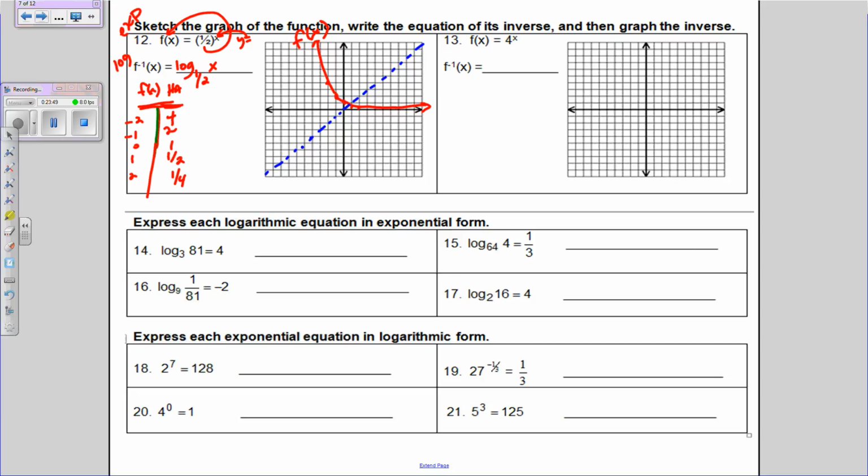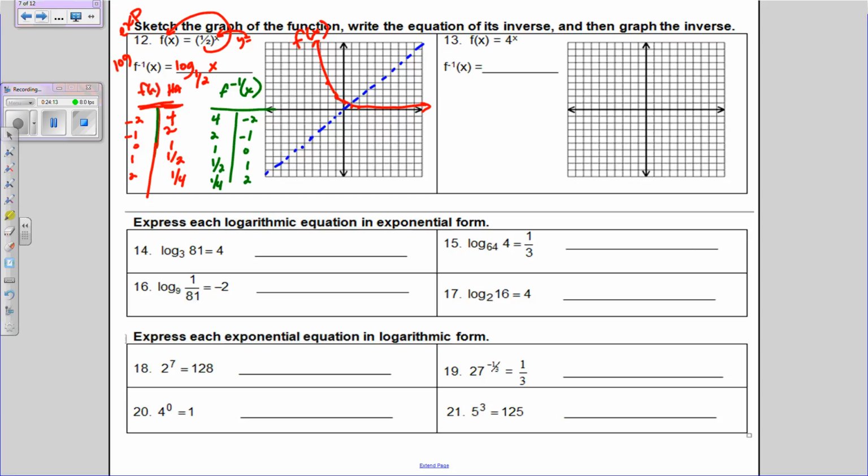Now for f-1 of x, which is the log function, we just switch the order. So we'll have 4, 2, 1, 1/2, and 1/4 for the x column, and -2, -1, 0, 1, and 2 for the y column. Then graph that.